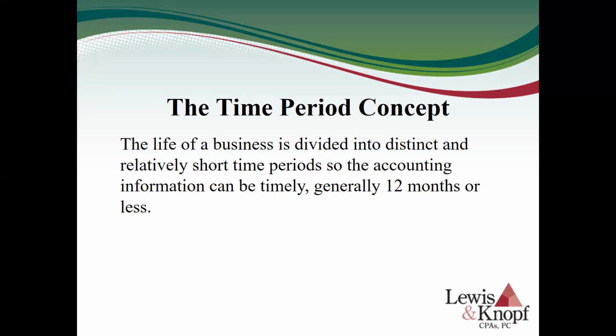The time period concept. The life of a business is divided into distinct and relatively short time periods, so the accounting information can be timely, generally 12 months or less.